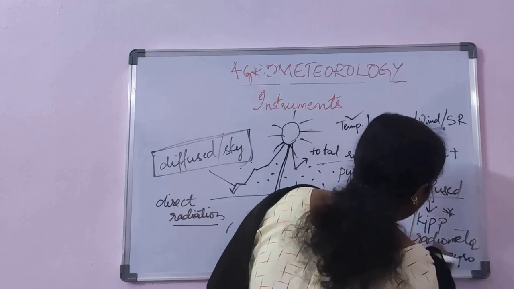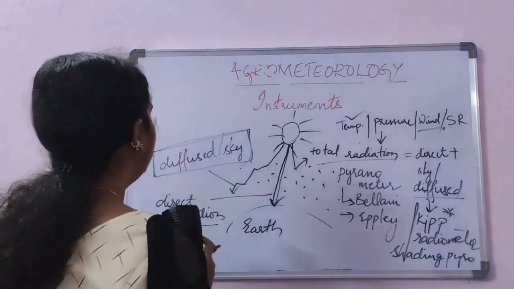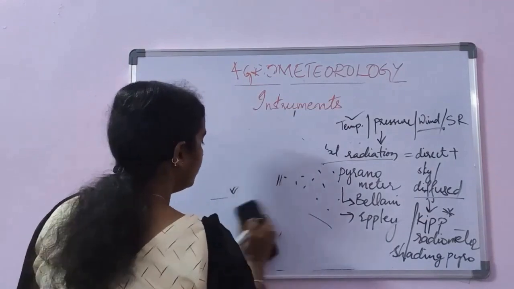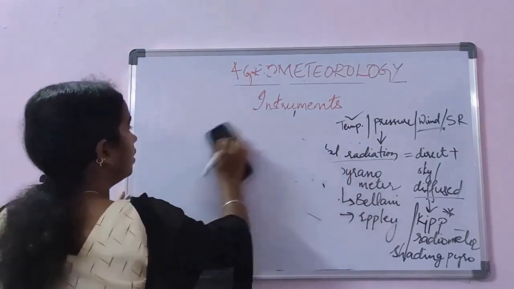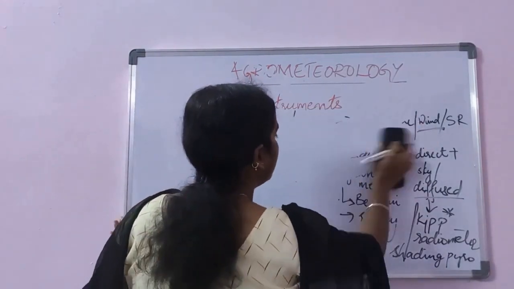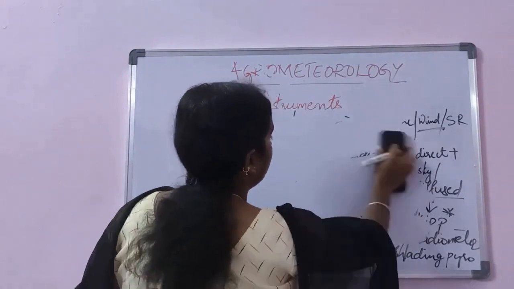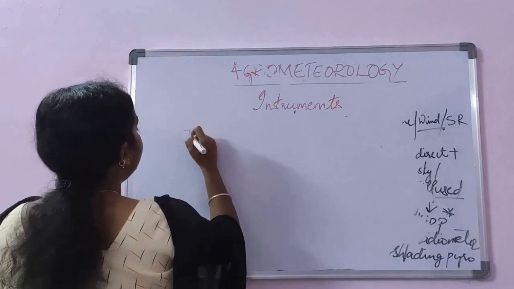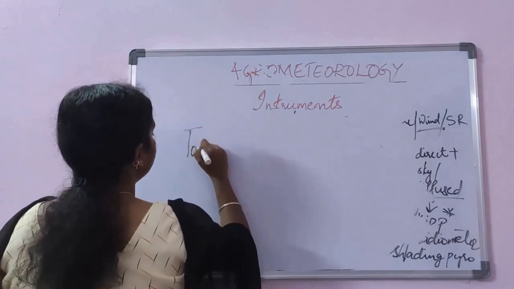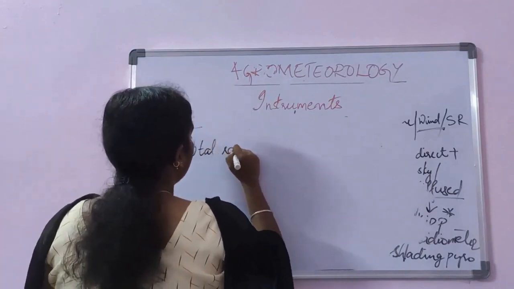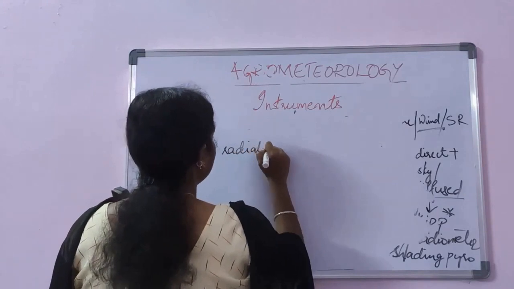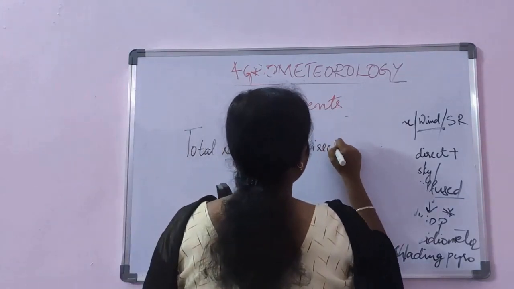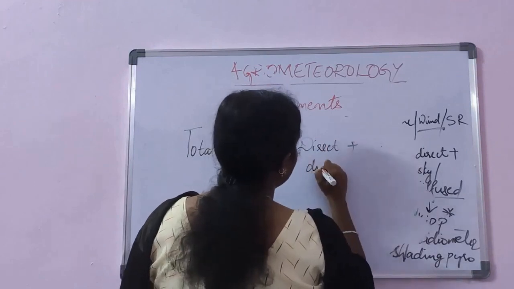Let me be more clear about this. Total radiation is equal to direct plus diffused.